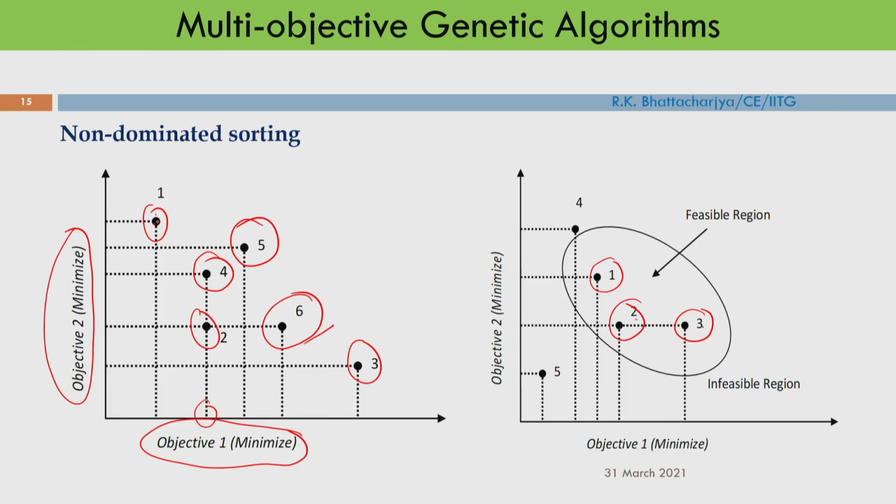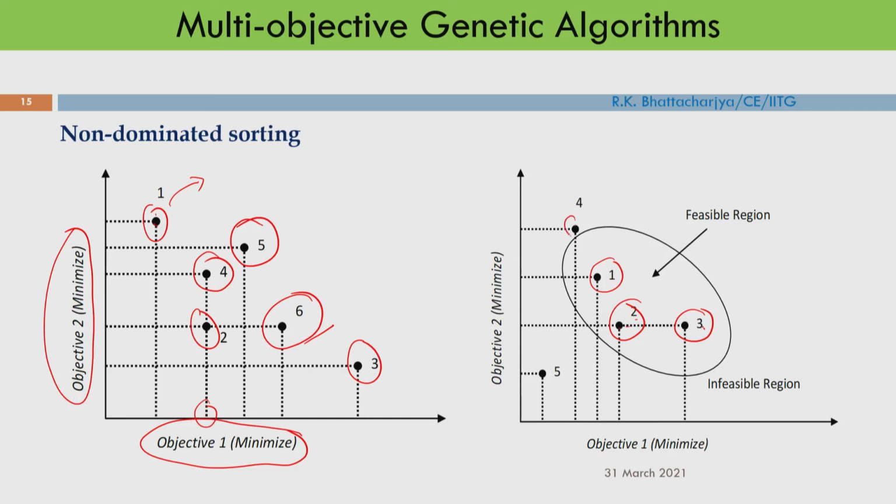But if you are comparing solution 1 and solution 5, you can say that solution 1 is better than solution 5 and solution 1 will go to the next generation. Here if I compare solution 1 and solution 2, both solutions will have the same rank. So, we cannot tell which will win the tournament or who will go to the next generation. But when solution 2 is playing with solution 3, solution 2 is better than solution 3, therefore, solution 2 will go to the next generation.